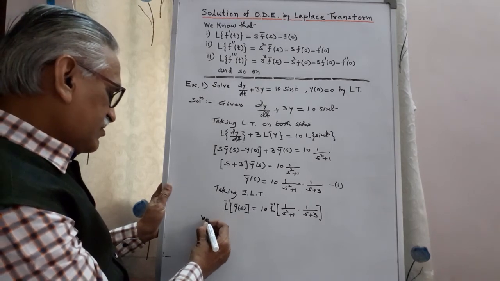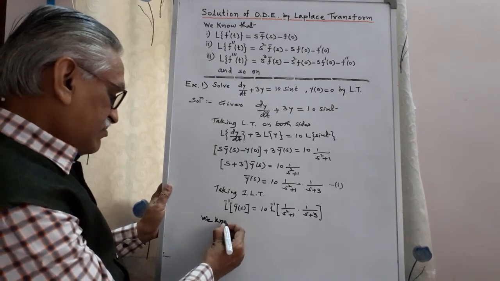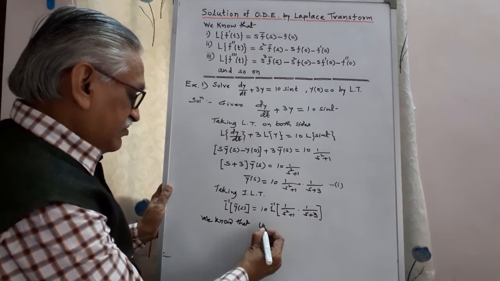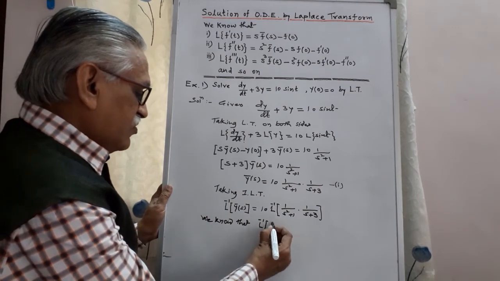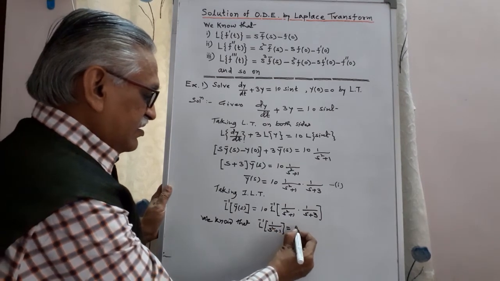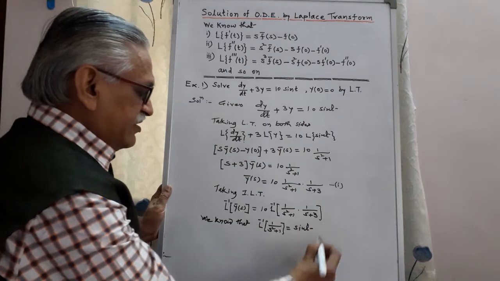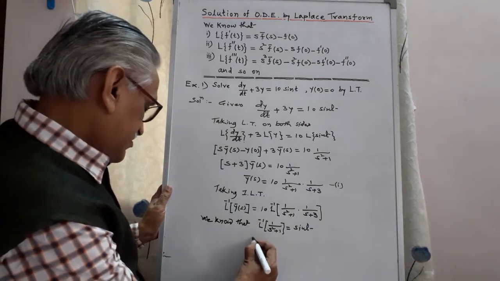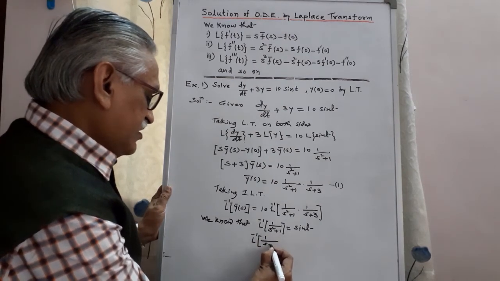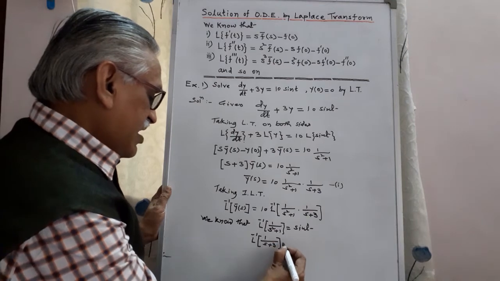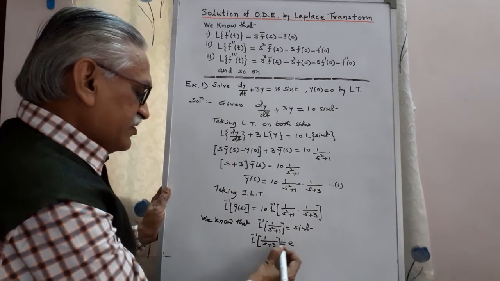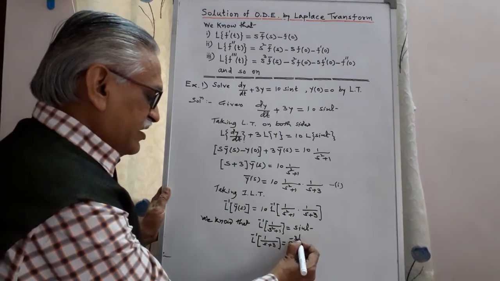We know that the inverse of 1 upon s square plus 1 is sin t, and the inverse of 1 upon s plus 3, by the standard result, is e raised to minus at, a is here 3, therefore e raised to minus 3t.